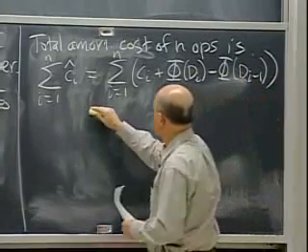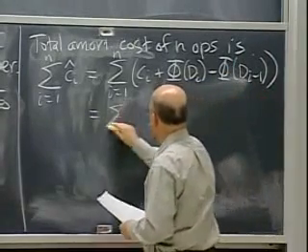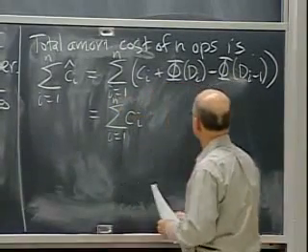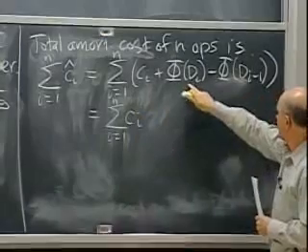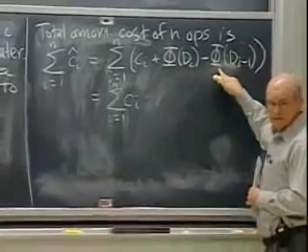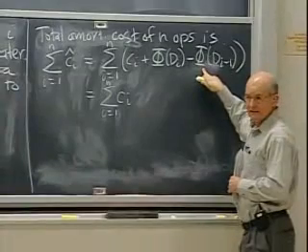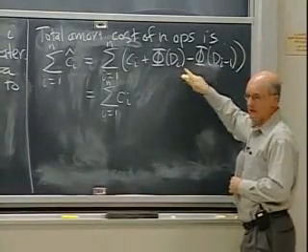Okay? And that's equal to the sum of ci. And now what happens when I sum up these terms?